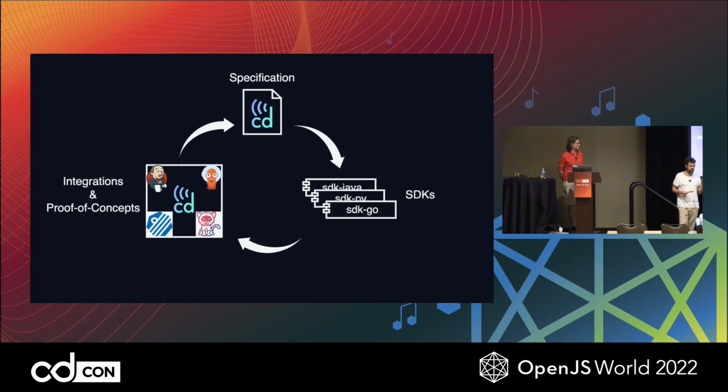There is a talk tomorrow. It's at 4:35 in the afternoon. It's done by our community members Maurizio and Ishkan. And they will be demoing quite some cool stuff on how to use CDEvents to provide interoperability. For this talk, though, we're going to focus mainly on observability and metrics. But these integrations of proof of concepts feed back into the specification work itself.